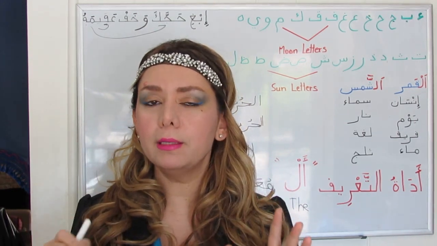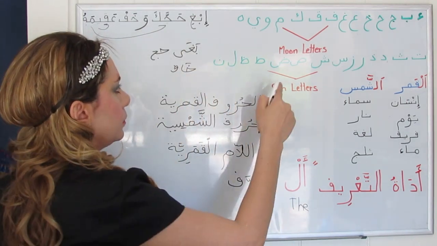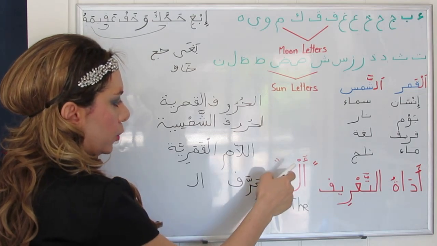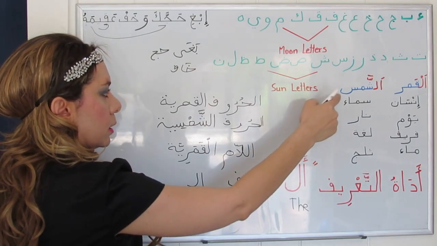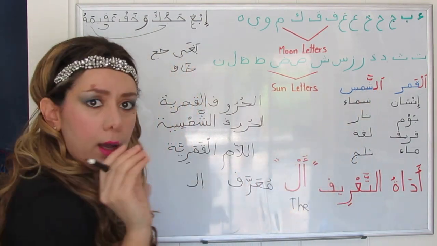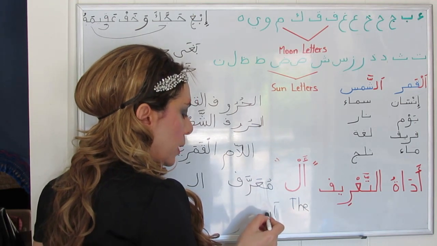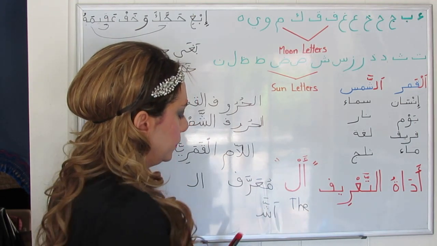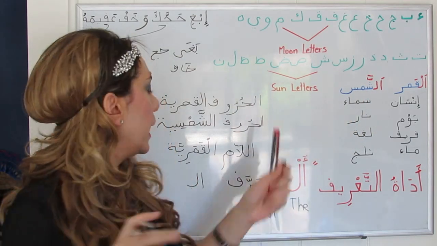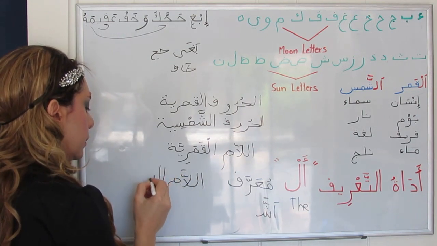So the lam in this case is called al-lam al-shamsiyya, the lam of the definite article. Like in ash-shams, we don't hear the lam at all. So al-lam al-shamsiyya.